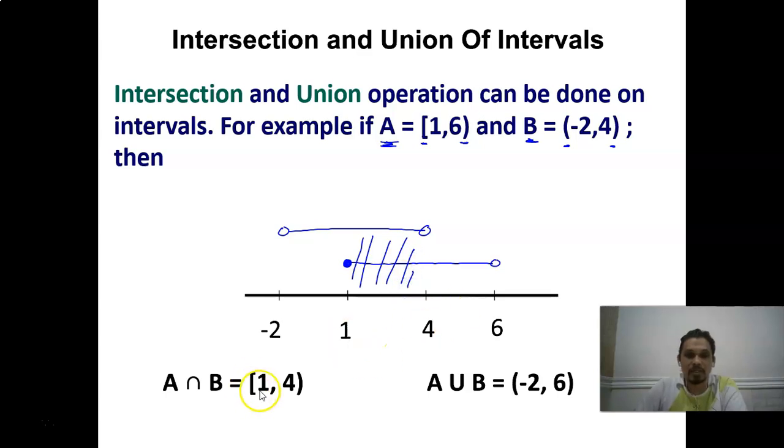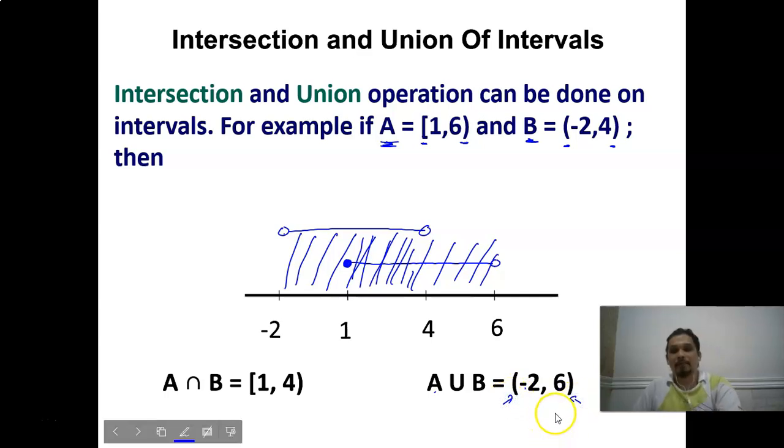So then it is from 1 until 4. Okay, set A union set B. Union means we take them all. Open bracket and open here, so it is from negative 2 until 6. And look at this one here, open bracket and also open bracket.